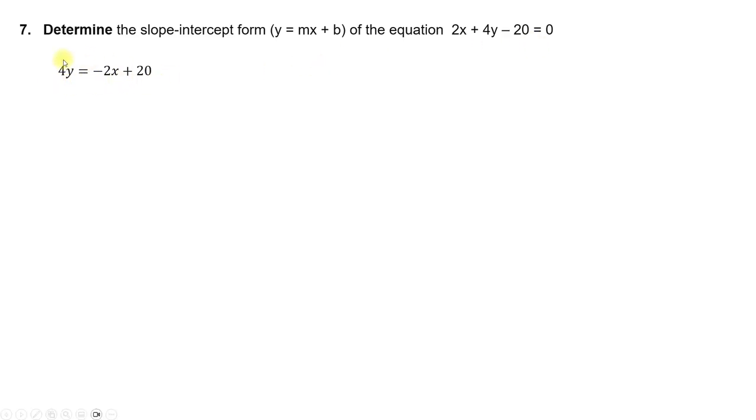We've isolated the y on one side and put the x value on the other, but we still have to isolate y a little bit more. So we do that by dividing by 4. We want separate fractions for each one of these terms. So we'll divide each of these 2 terms by 4, and that'll give us an equation of y equals -1/2 x plus 5.